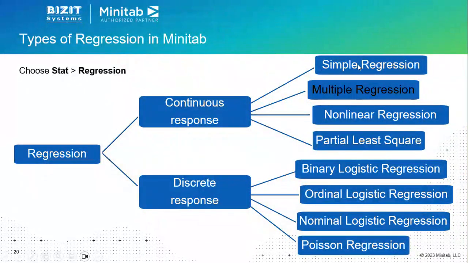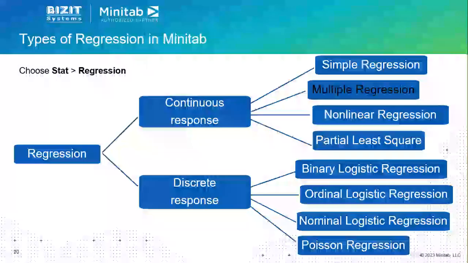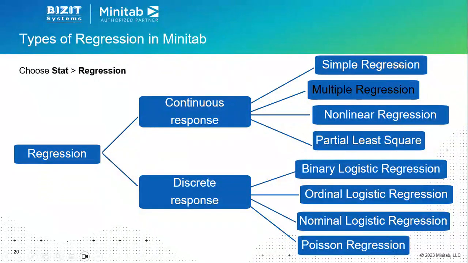For that we use simple regression. Simple regression means only one predictor affects the response: only one X impacts your Y. But once you have more than one X factor, you go for multiple regression.